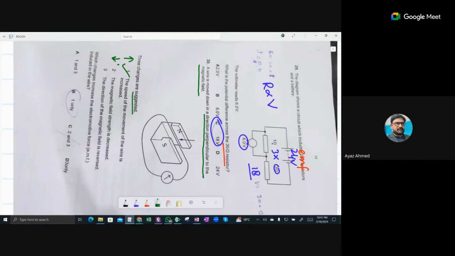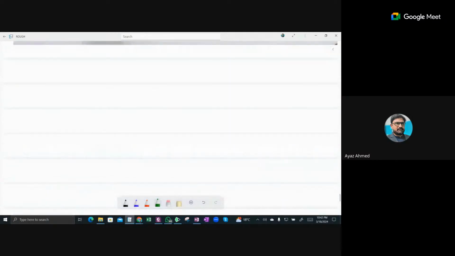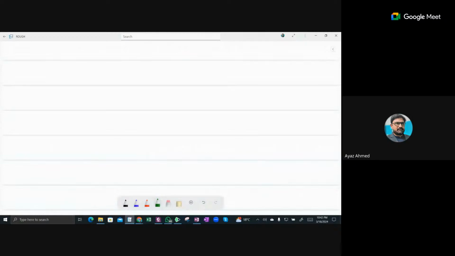The direction of the magnetic field is reversed, so it will make the deflection reversed. Which change increases the electromotive force? It would be increased by only the first, because when you move the wire faster, there would be a higher rate of flux.